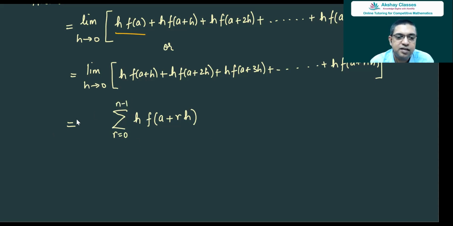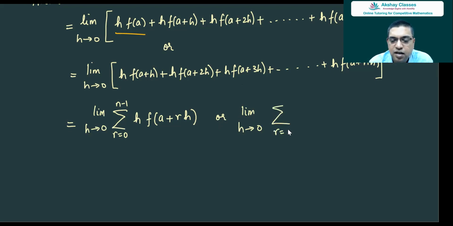N terms basically. Limit h tending to 0, the second part, the second equation, sigma r equal to 1 to n h times f of a plus rh. Okay. What is h? B minus a.